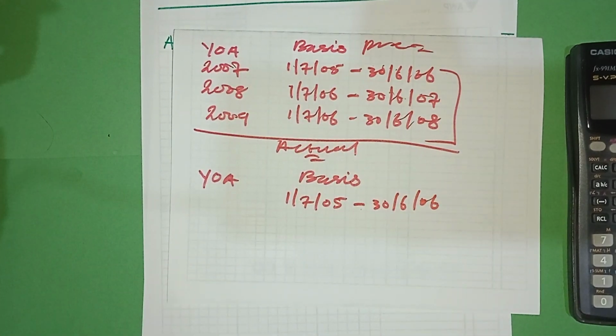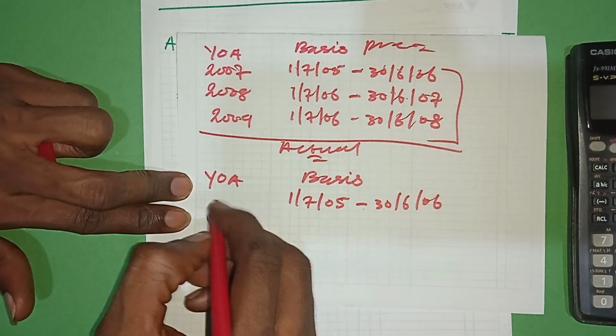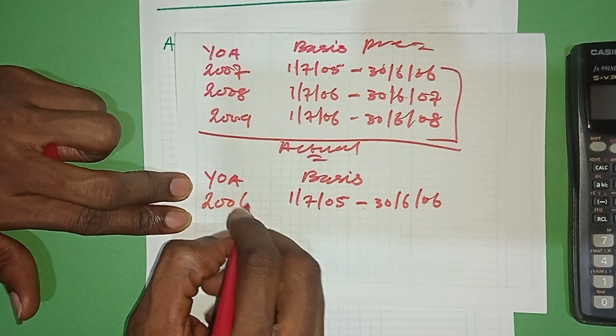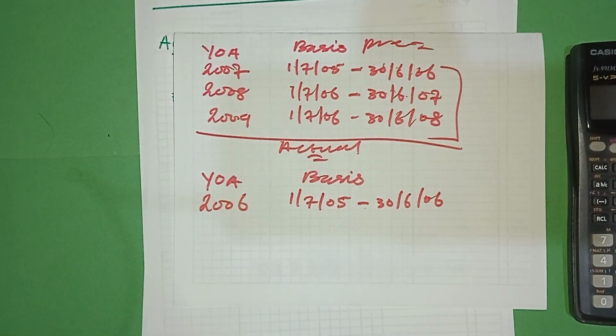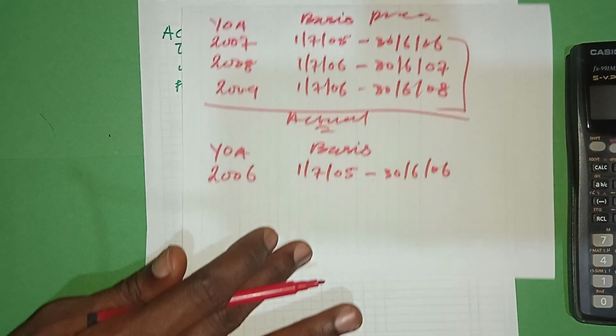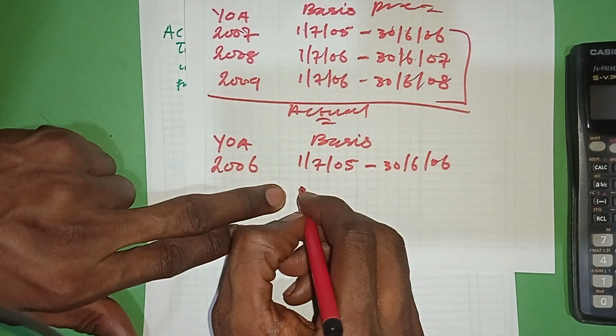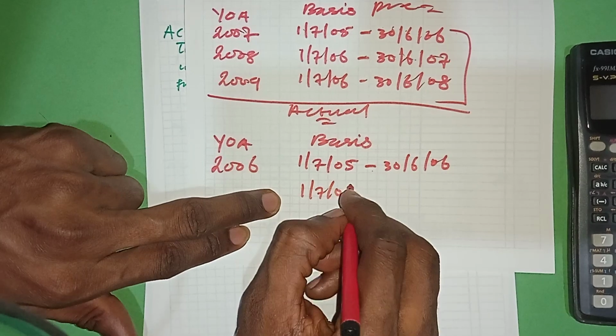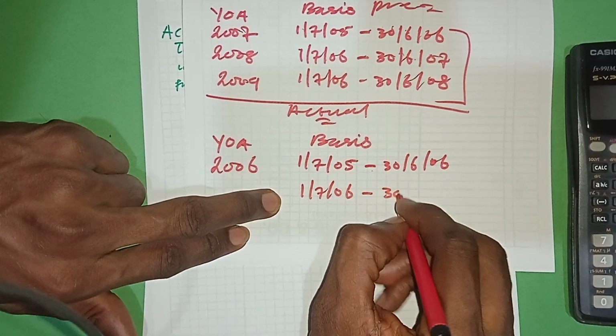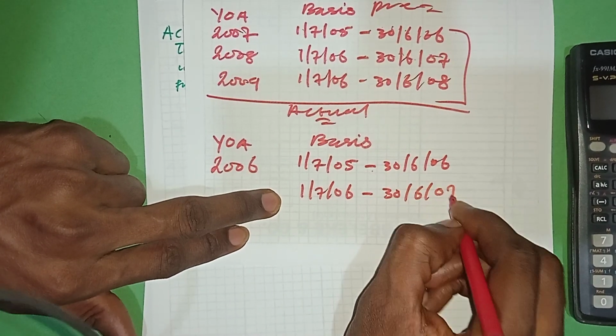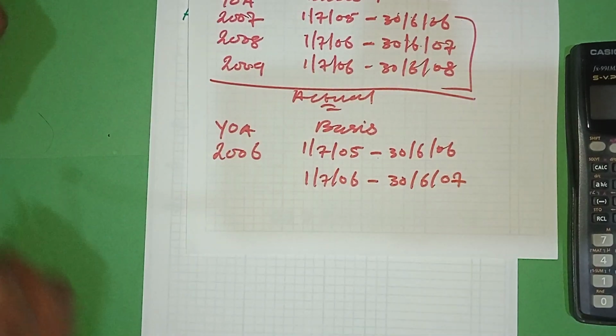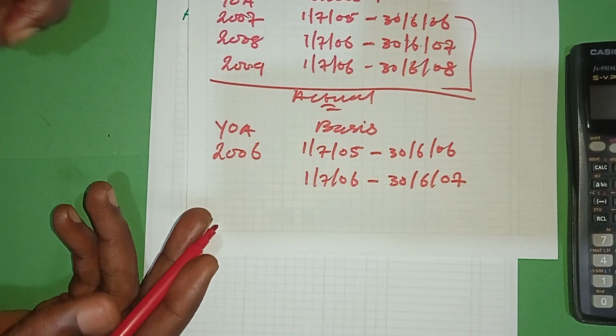What will be the year of assessment using the actual year basis? You will find out that here will now be 2006. That is actual year basis. You see, 1/7/06 to 30/6/07. What would be the actual year basis year of assessment here? The year of assessment here will now be 2007.